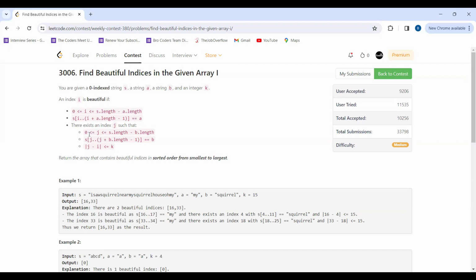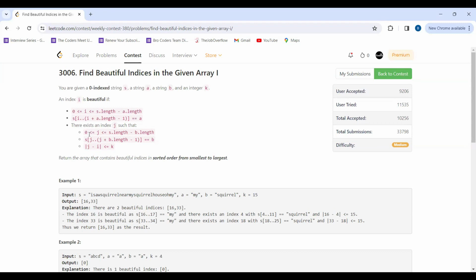And we need to find another index j such that again j should be in the range of the string S only, and string B can also be found in between those indices.